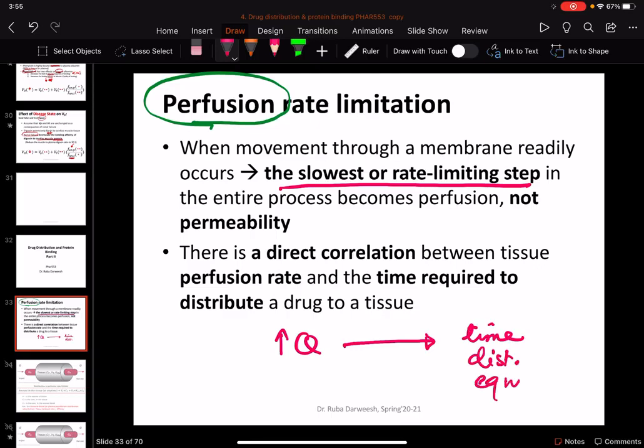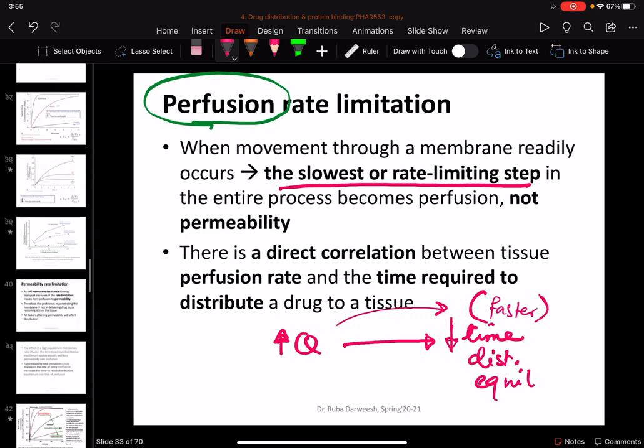As the flow rate increases, the time needed to reach the distribution equilibrium is less. If we are talking about a direct relationship, it will be faster to reach the distribution equilibrium.